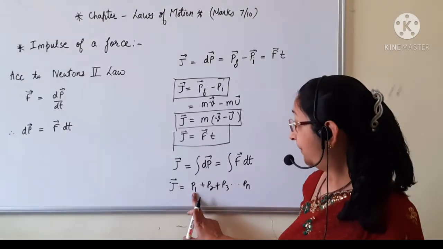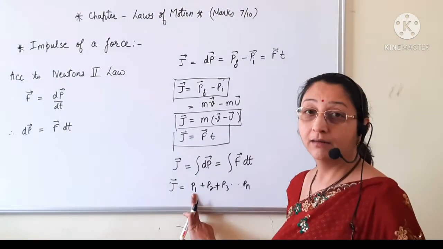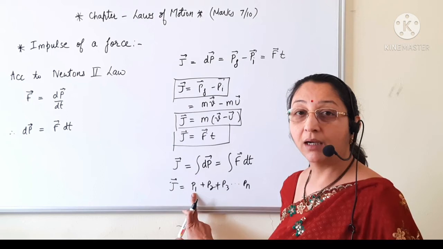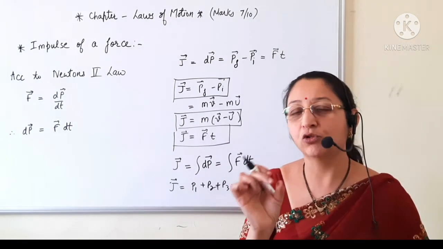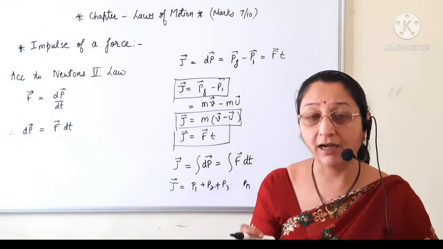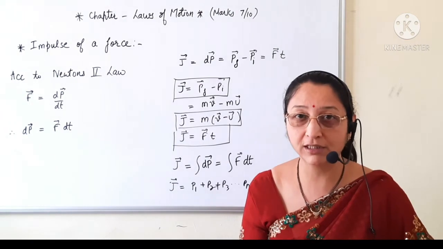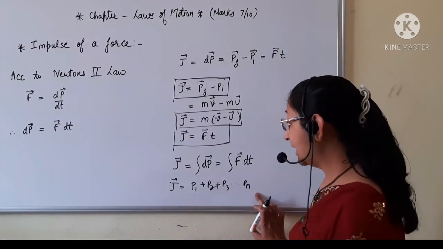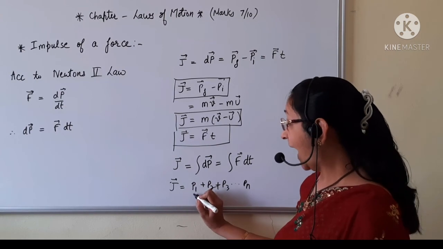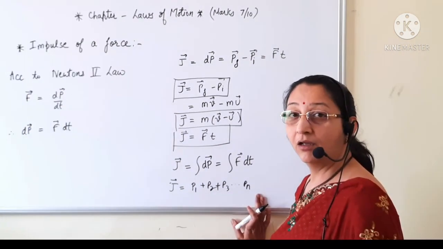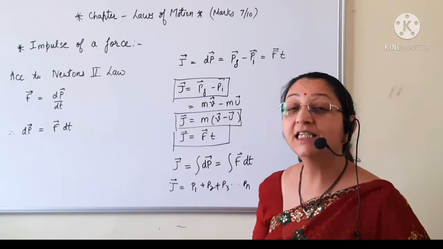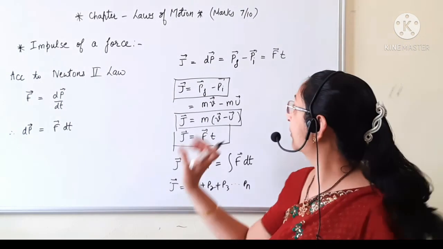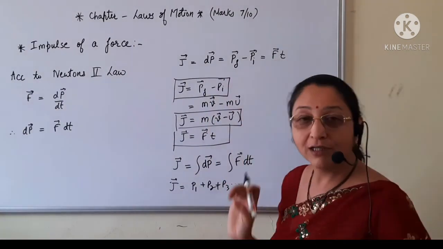Now, dP1 is the change in momentum, but the instantaneous force is constant. We can consider that for that instant the force is constant. So here we are adding the momentums when that instantaneous force is constant, because this formula is for a constant force.